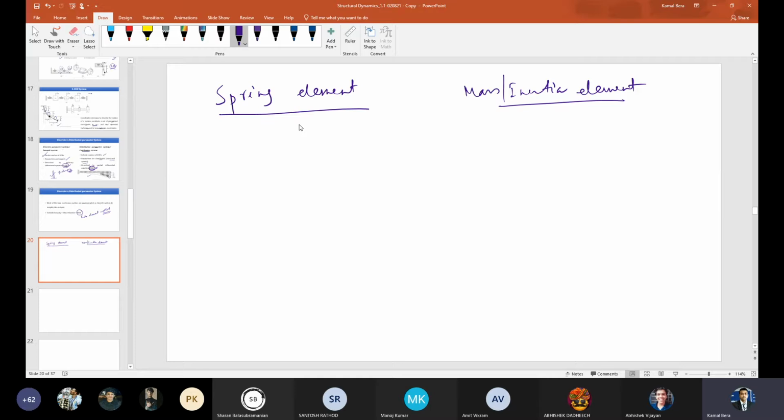The spring element relates the force with the displacement, and it stores energy as potential energy, as I already told.